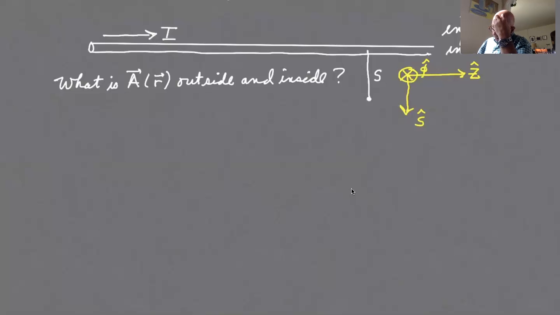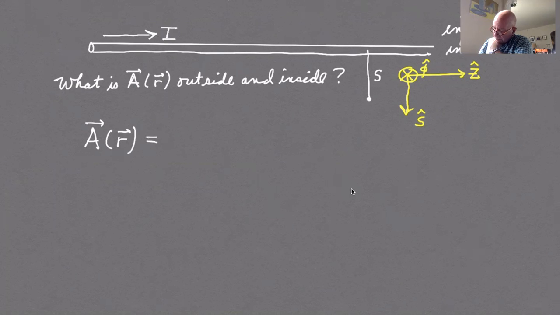The typical way one would approach such a problem, as you recall, is to use the general recipe for the solution of vector potential. You should know where this came from, right?